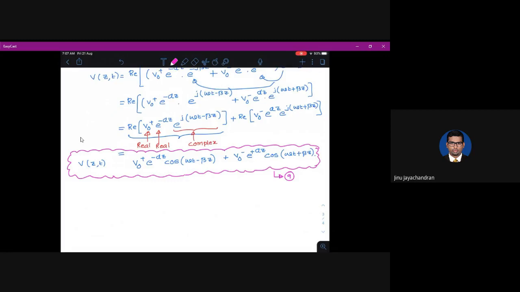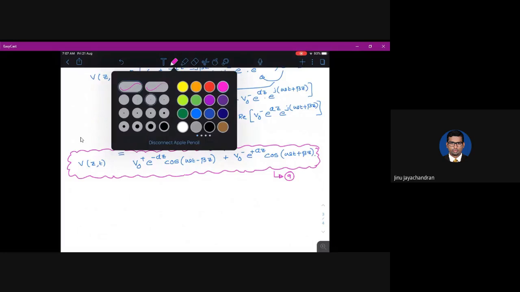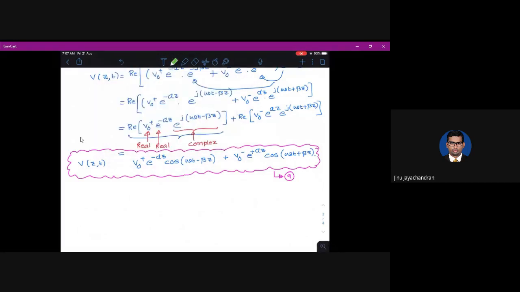To visualize this, I am going to take only one term, because the two terms are almost similar, except that one has e raised to minus alpha z, other has e raised to plus alpha z. One has cos of omega t minus beta z, other has cos of omega t plus beta z. So the two terms don't have too much of a difference between them. If you analyze one, the analysis will be similar to the other also. So I am going to take only this term currently.